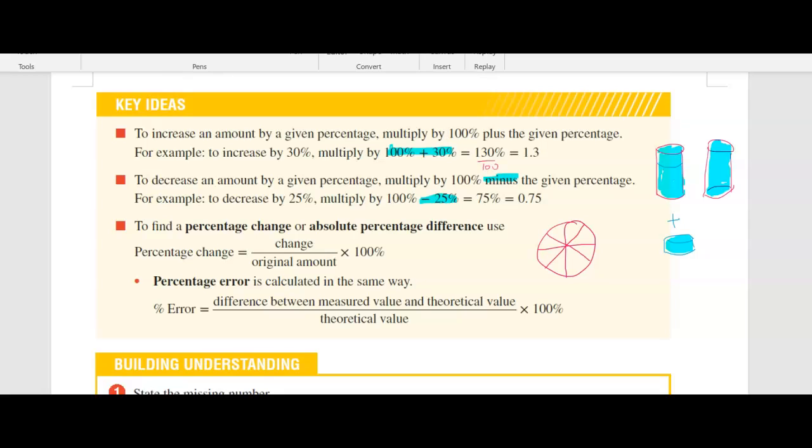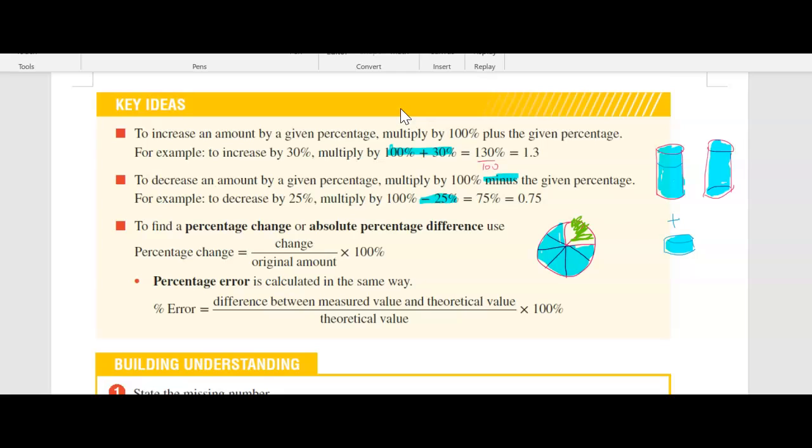If I wanted to take away 25%, so I've eaten, there you go, cross it out. That's all gone. And I'm left with now just 3/4, so I'll colour that in. So I've got a blue pizza. So we're left with that. It's basically asking, what are you left with? So we're left with 75%. So if you increase something, it's greater than 100. If it's decreased, it's less than 100.